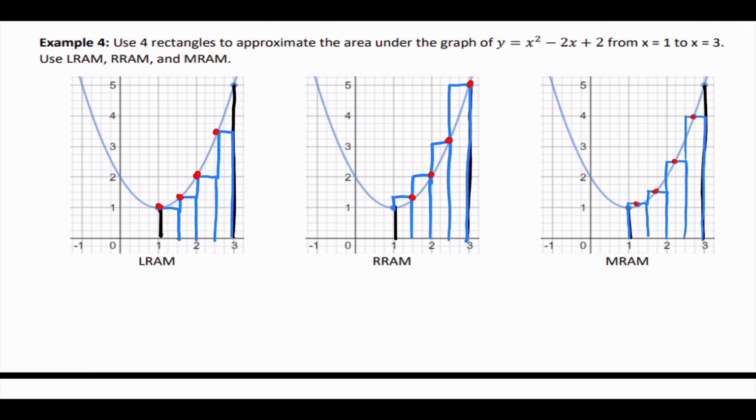Because if you approximate too many times, it's going to be off. We're already approximating the area under the curve, so we don't want to approximate again. Even here, I don't know what that height is. Maybe 1.5? I don't know. How do I find it?